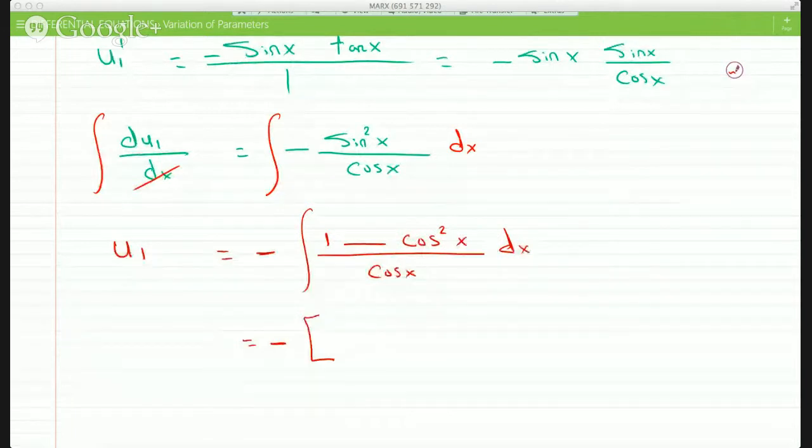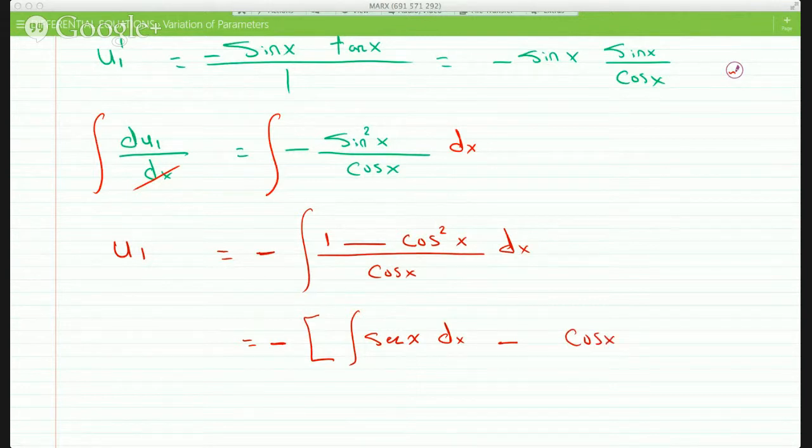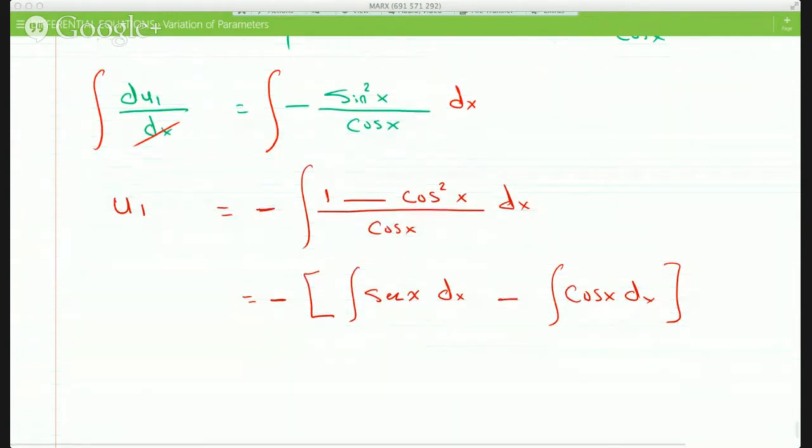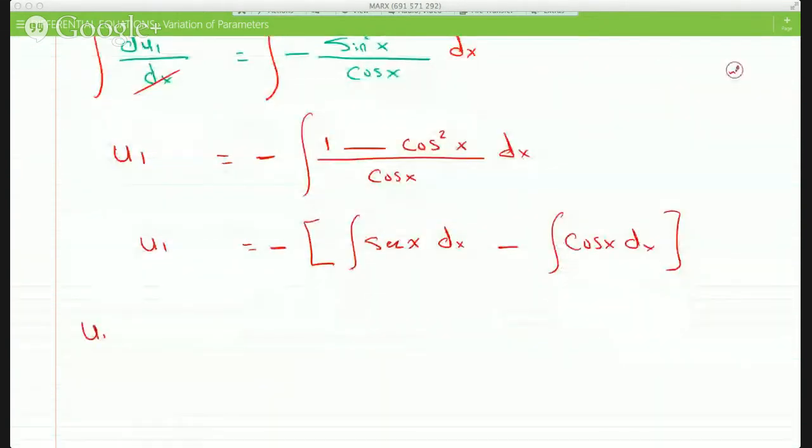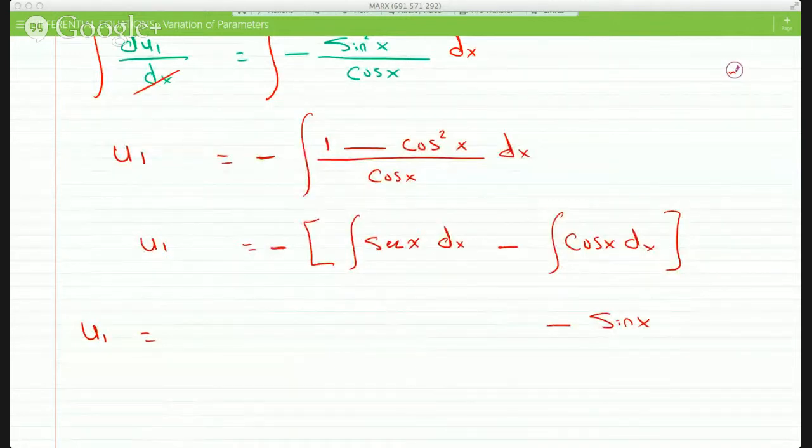So 1 over cosine is just secant x dx, and the other one is minus the integral of cosine x dx. Okay, now the cosine is fairly straightforward, which is sine x. But how do we integrate the secant?